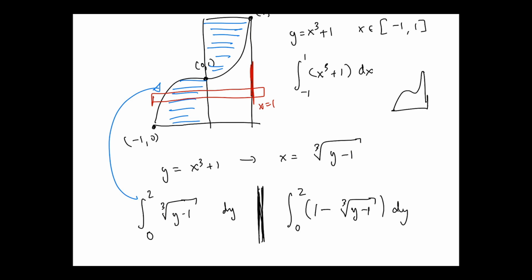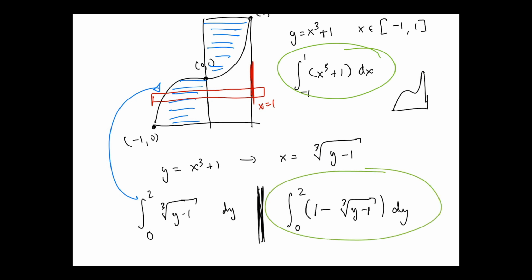So we can slice this thing up in a couple of different ways. And the area that we were interested in, we could either write as this or as that. Both of them, if we set things up right and compute everything correctly, will give us the same answer. They ought to, right? They're talking about the same area.